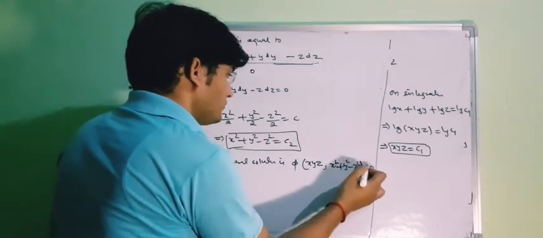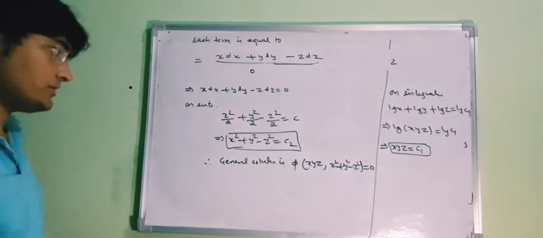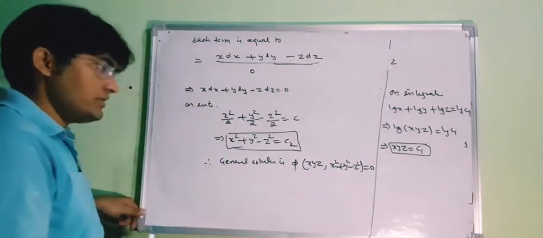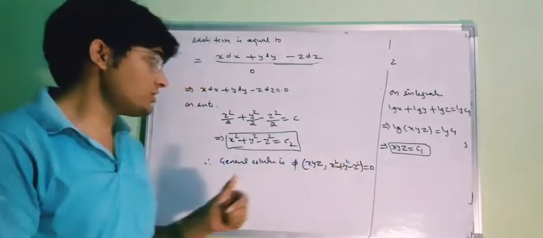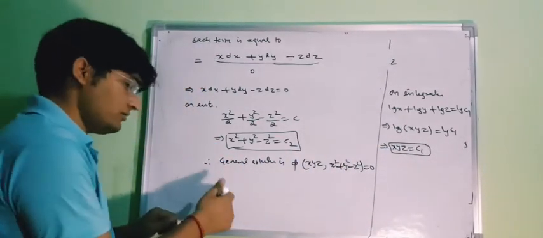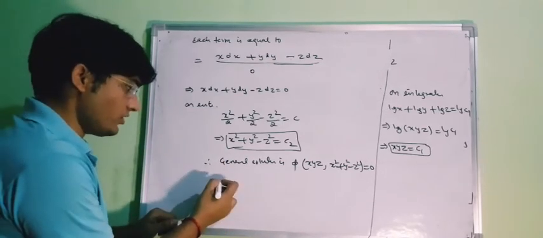Now here we have to find out the integral surface. For integral surface, we will have to remove the constants of integration. So let us take the parametric coordinates.